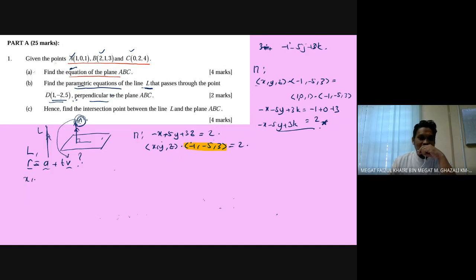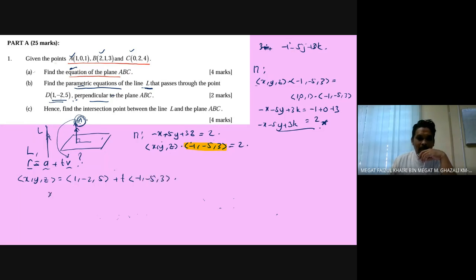So then x, y, and z equal to a, 1, negative 2, 5, plus t, a scalar of t, and v is the n here, the normal of the plane, negative 1, negative 5, and 3.